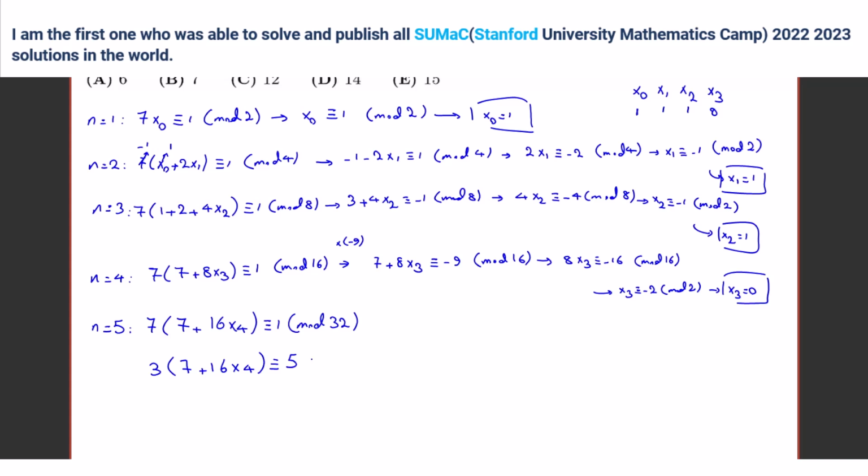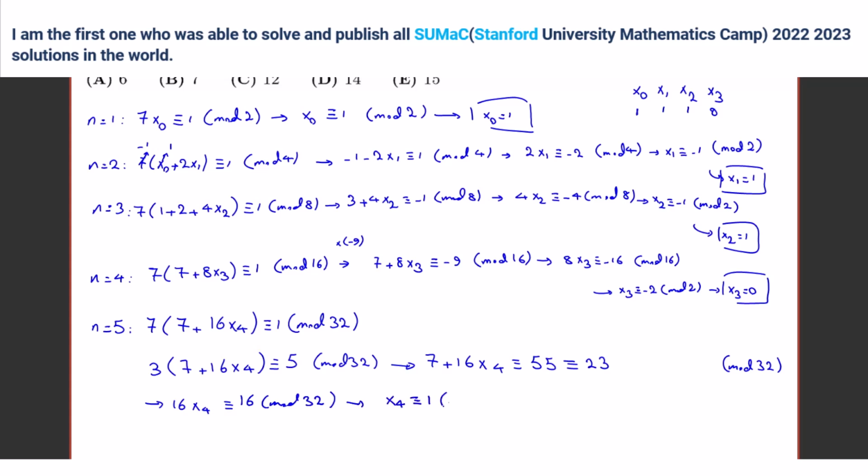Yeah. Then we should multiply by 11. So if you multiply by 11, it would be 1 plus 16x4 is 55. 55 minus 32 is what? 23, right? So 16x4 is 16 mod 32, right? Yes. So x4 is 1 mod 2, so x4 is 1.